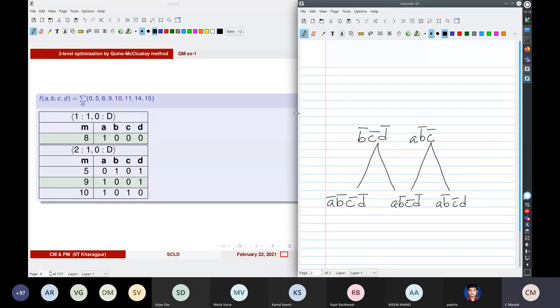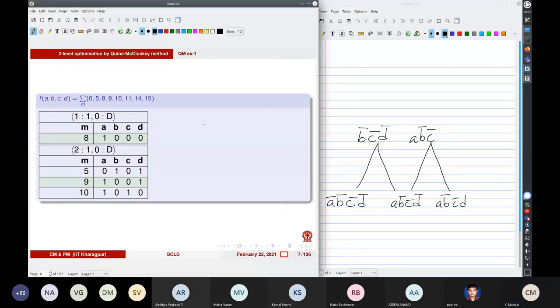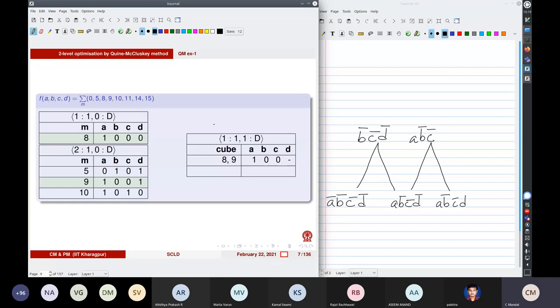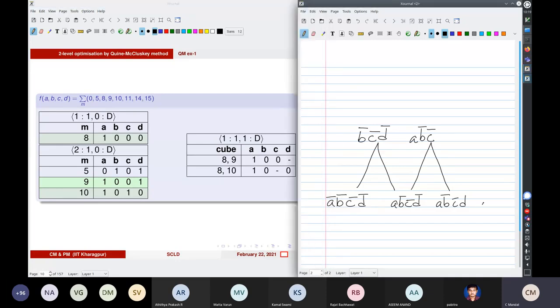We show that here. Now, as you can see, you can combine this with 10 also. If you combine this with 10, this cube is A, B bar, C, D bar.